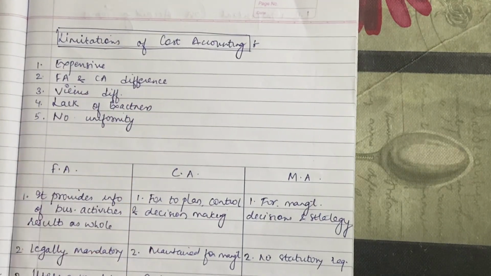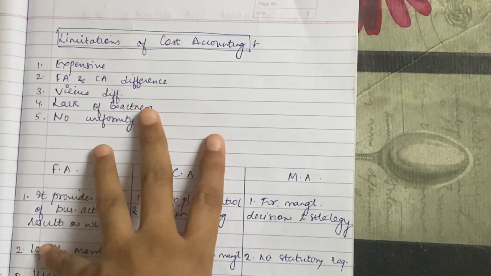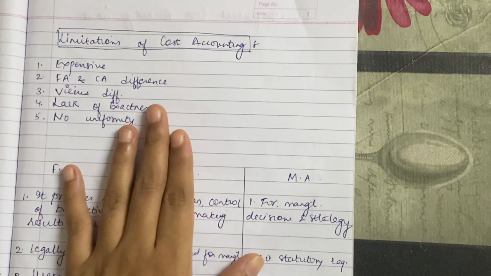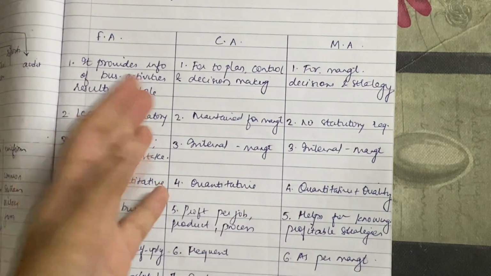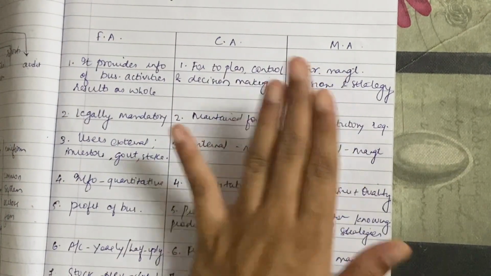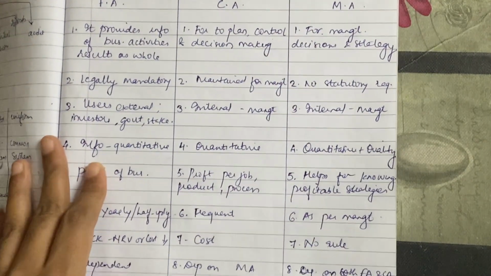There is a lack of exactness in the calculations because the costs are classified differently by different people, and allocation, segregation, whether the cost is considered fixed or variable, that differs. So there is no uniformity. These all are the limitations of cost accounting. Now in our study material, we have differences given between financial accounting, cost accounting, and management accounting. I have made a 3-in-1 consolidated table. This is going to help you a lot.